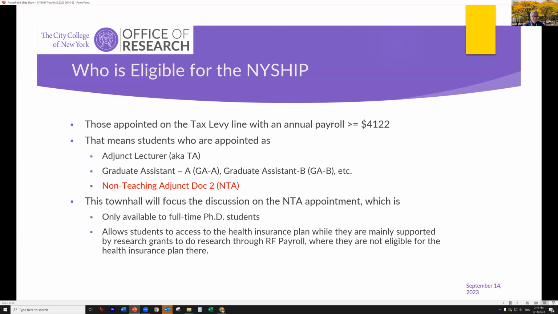But today we are specifically talking about the non-teaching agent appointment. This appointment is only eligible for full-time PhD students at City College, and again, it is simply an appointment that allows them to access this health plan.